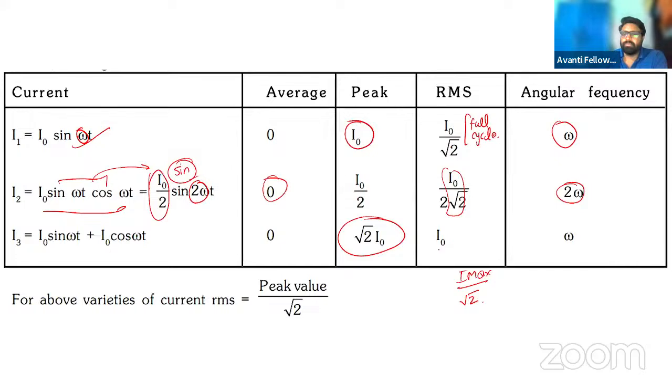So the RMS value will become I naught by root 2 into root 2. This root 2 and root 2 cancel out. So here the value of RMS is I naught only, and the angular frequency does not change. So for the above varieties, current RMS is peak value by root 2. Okay, this is the formula.